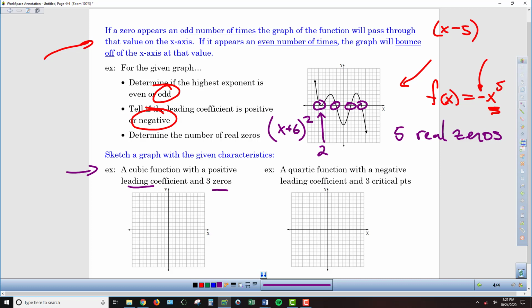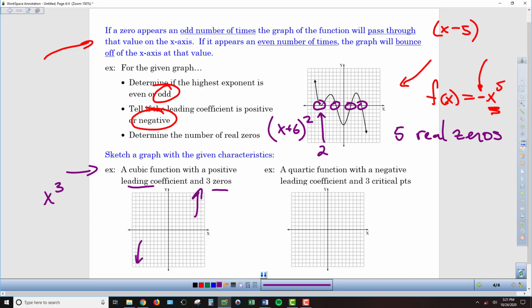So in this one, we have a cubic function, so that's telling us that x to the 3rd is the highest exponent. And then we have a positive leading coefficient, so in that case it's going to be the opposite of the one that we have up here, so it's going to be up on the right and down on the left. And it has 3 different zeros, 3 unique zeros. So my graph has to be going up on one side and down on the other.